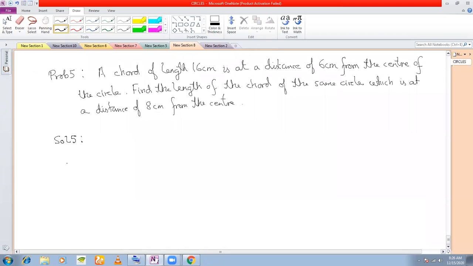A chord of length 16. Let's try to draw a diagram. Let's take a chord. The length of this chord is 16 centimeters, and it is at a distance of 6 centimeter from the center of the circle.